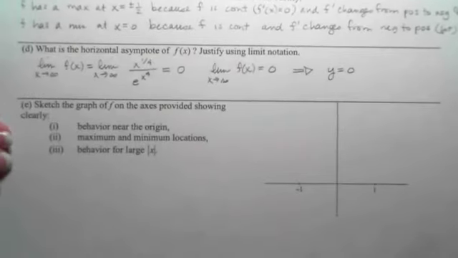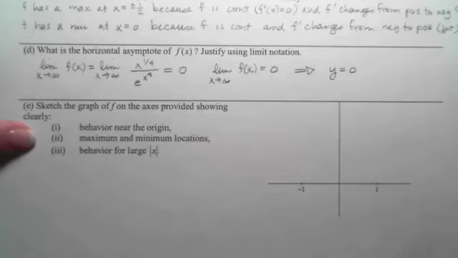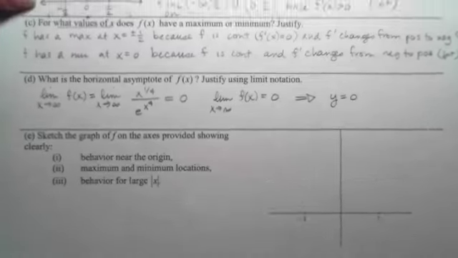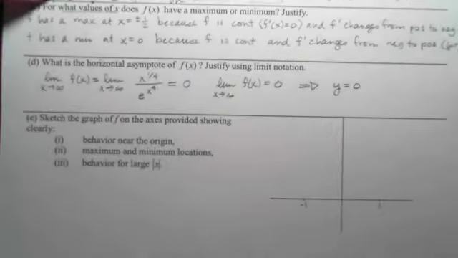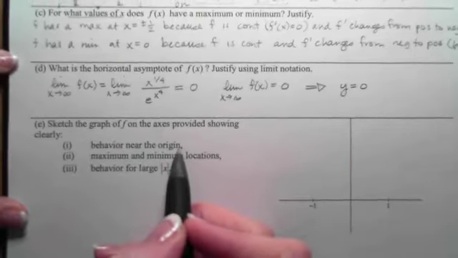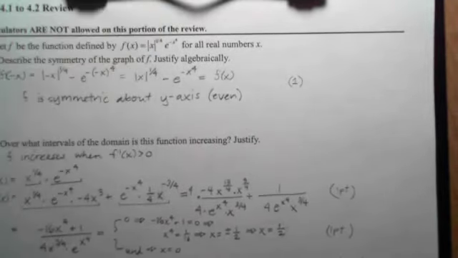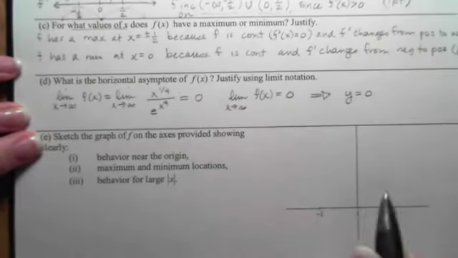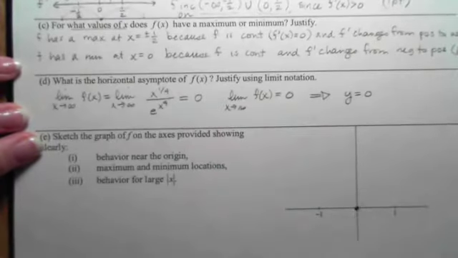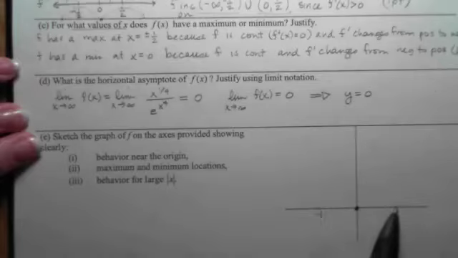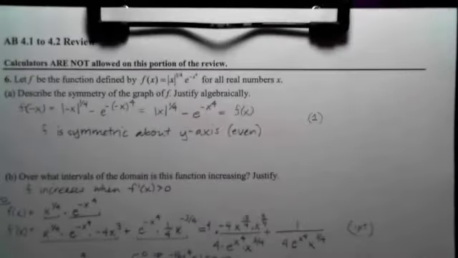Final part is to put it all together. Well, we've already got a rough sketch based on what we had up here. So we know behavior near the origin means we need to plug 0 into the function. So I come all the way up to the function, and I can plug in 0 and see that a 0 comes out, which will give me this point. Then I can plug in -1 and 1 all the way up at the top.